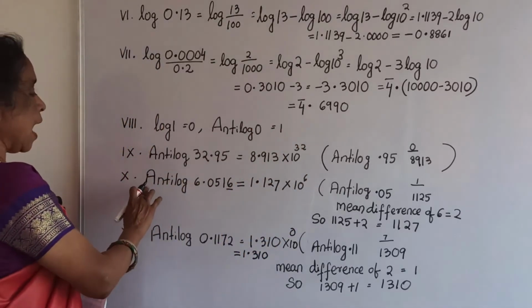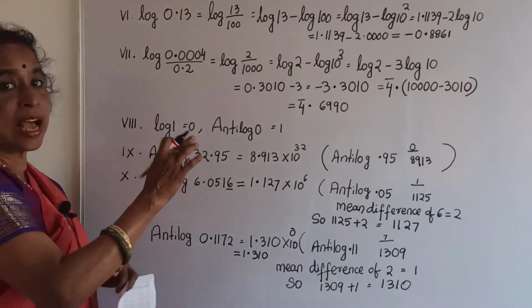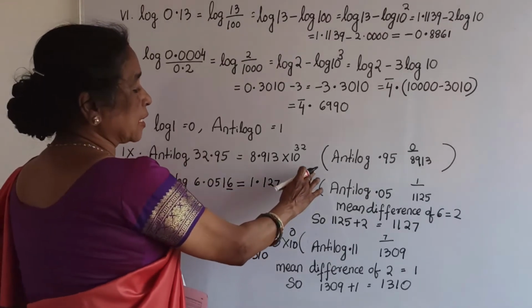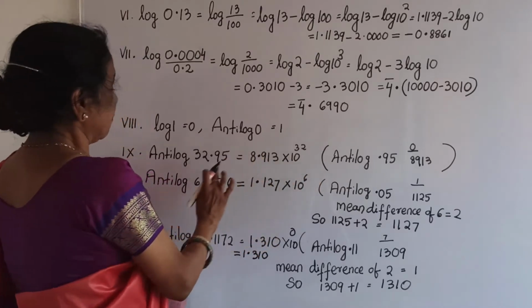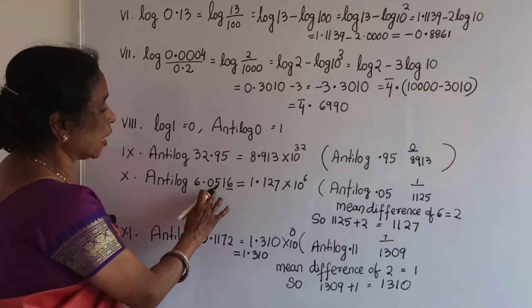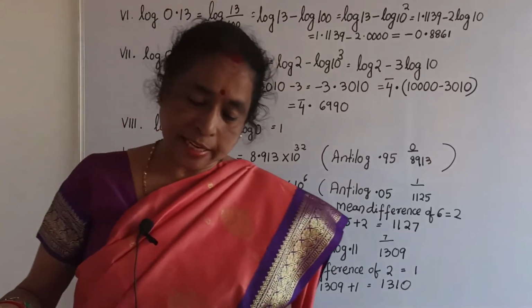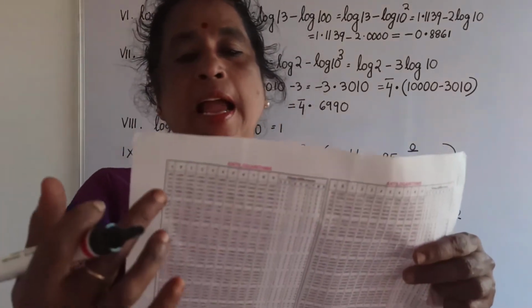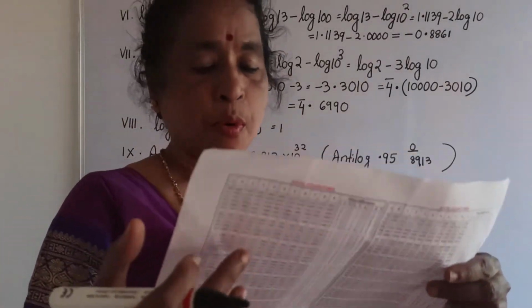Then come to anti-log of 6.0516. Here 6, what to do? Multiplication sign, 10 to the power 6. Then you see anti-log of 0.05 and the upper part 1. You can check here anti-log of 0.05, 0.051.